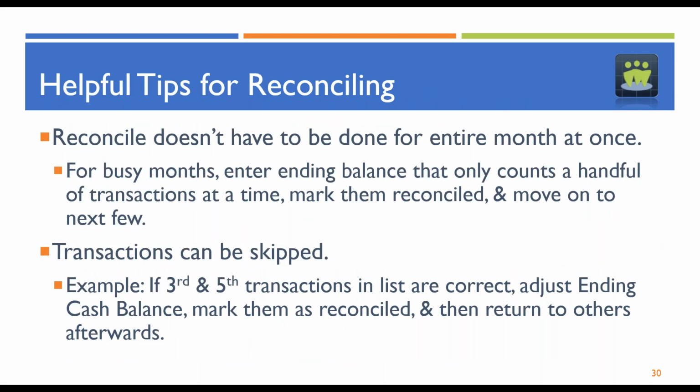So a couple of things I came up with thinking about doing the show tonight: the reconcile does not have to be done for an entire month all at once. You could, for example, go in right now, set the start date to October 1st, and if you know what the balance should be mid-October, you can put that in as the ending balance, and you can reconcile the last 2.5 or 3 weeks' worth of transactions if you want to.